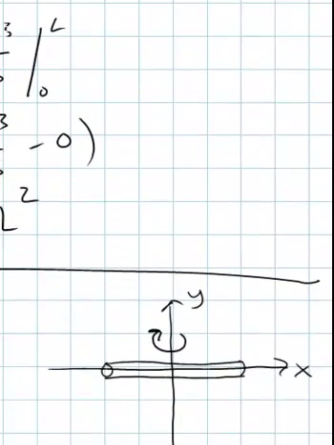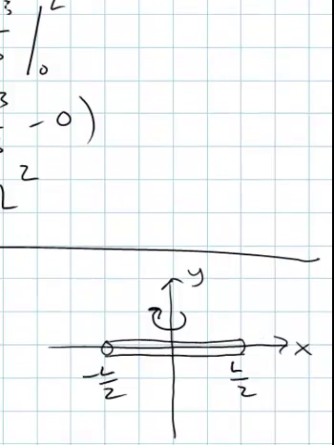Whereas in this case, there's no mass that's more than L over 2 away from the axis of rotation. It's much closer to the axis of rotation. So this will be much easier to get the rod spinning in this orientation, and it's much easier to get it to stop spinning if it already is spinning than it would be if the rod was rotating about its end point. So let's see if we get an answer that's smaller.